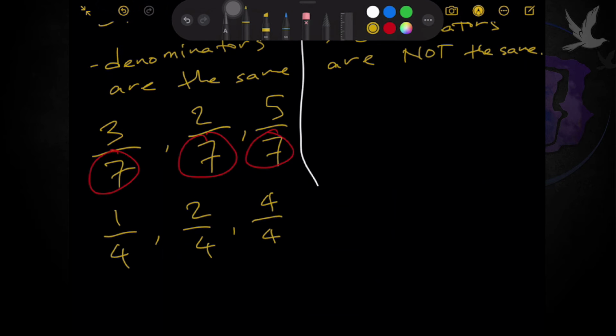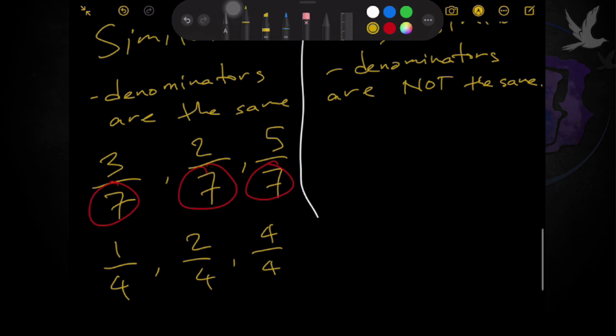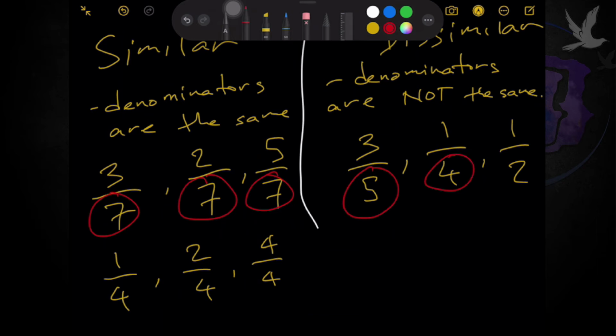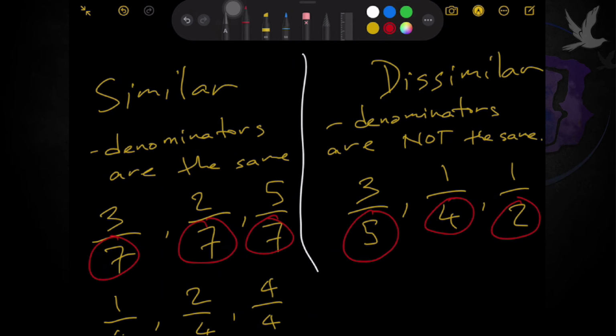Okay? And for, syempre, sa dissimilar fractions, we have, let's say, 3 over 5, 1 over 4, 1 over 2. So, if you notice, our denominators are not the same, which means they are dissimilar fractions. Okay? So, yan example ng dissimilar and similar fractions.